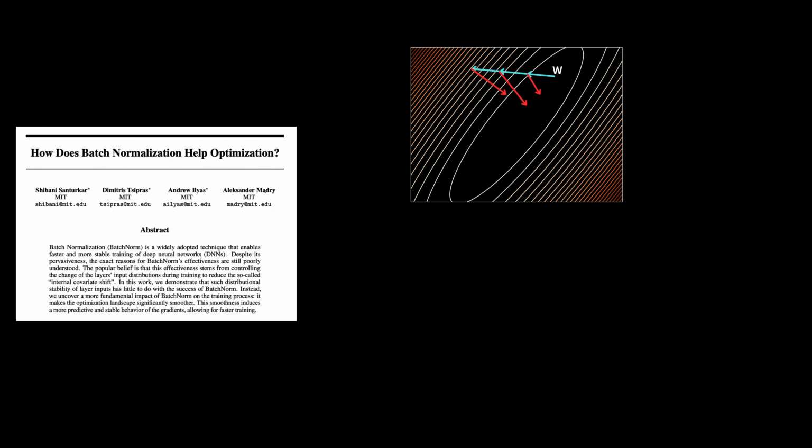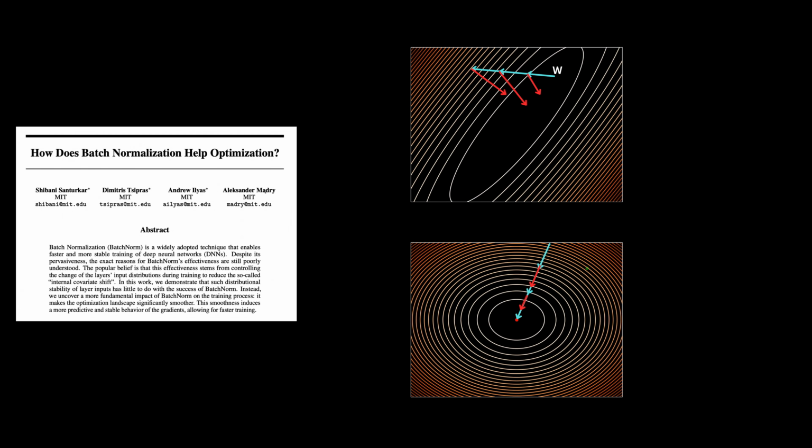If the gradients are very different at each of those points, that means the gradients of the loss are not smooth and unpredictable. Whereas if the gradients at each of those points tend to be similar to each other, that means the loss landscape is much better for optimization than before. These plots are just to illustrate that if the gradients are predictable and smooth, then we have a better optimization problem.